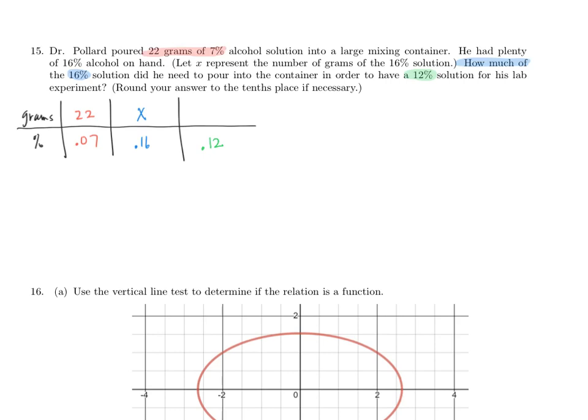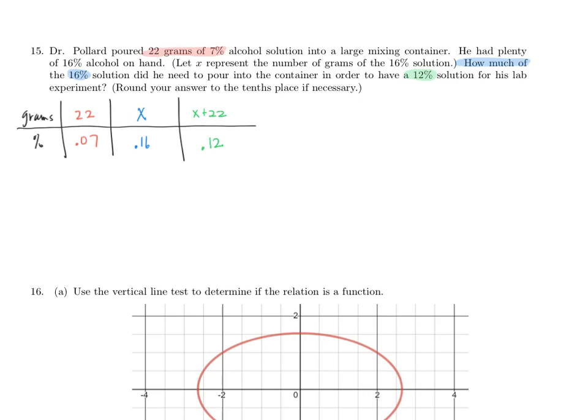So by doing 22 plus X, or X plus 22, that's going to give us the number of grams used for the mixture total. So X plus 22 will be the number of grams he gets of the green, right? Because that's actually the solution in the end.